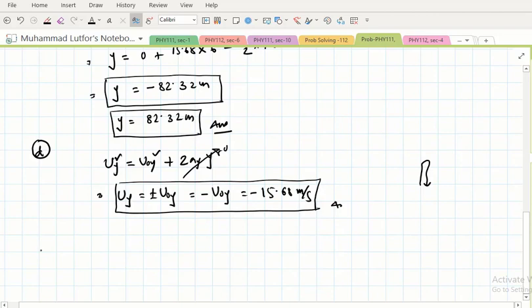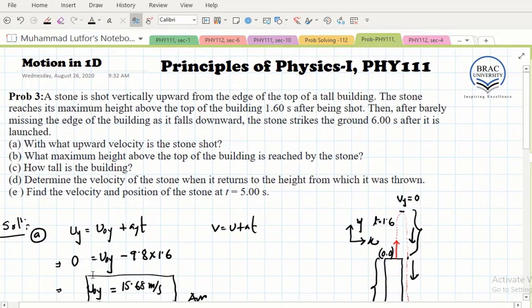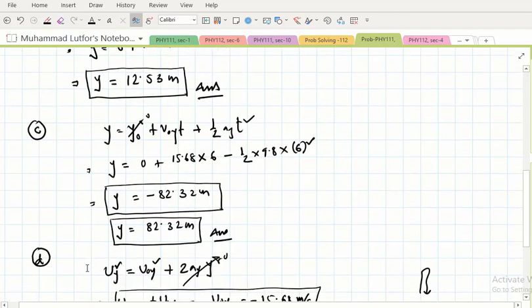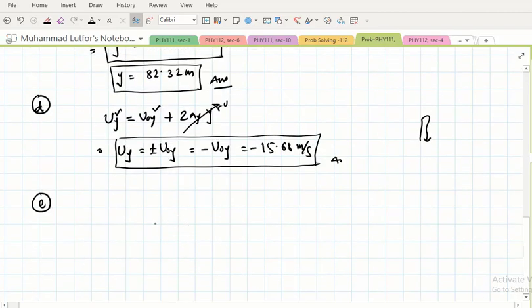Fine. What about the E? E is asking to find the velocity and the position of the stone at t equal to 5 seconds. So what would be that velocity? We can use vy equal to v naught y plus ay t.